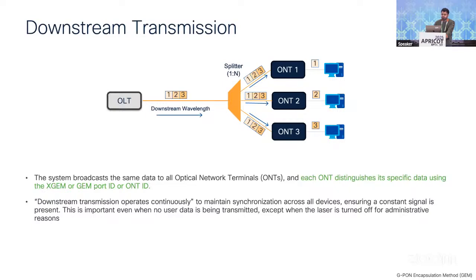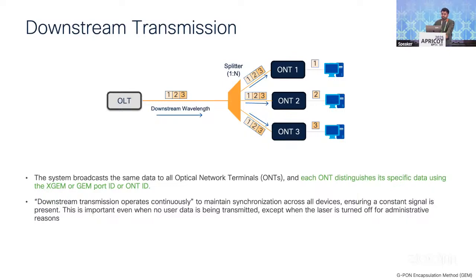Each specific ONT takes the information it needs based on the port ID or XGEM ID. So there is an XGEM ID, a port ID or an ONT ID, and the data specific to that particular user or ONT is taken out from that broadcast wavelength.